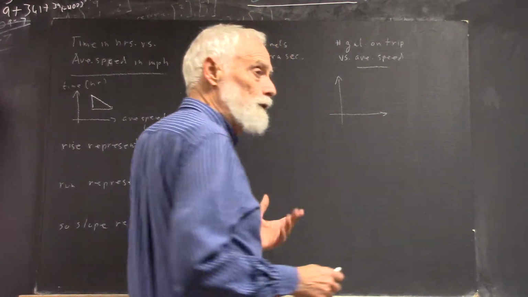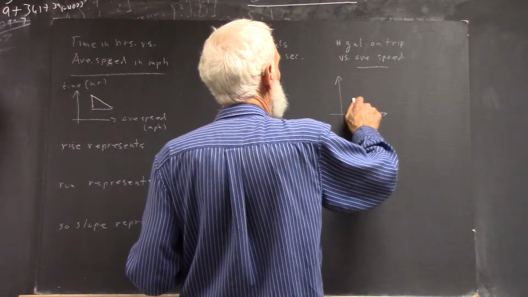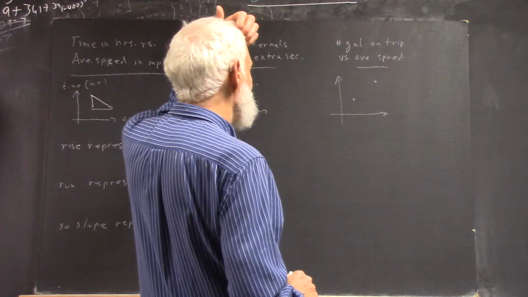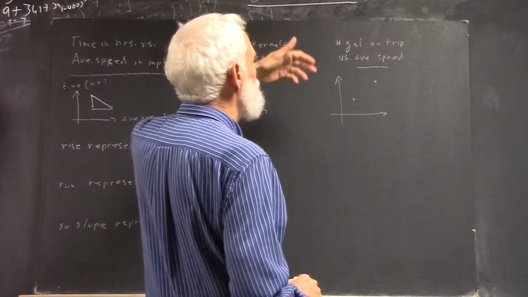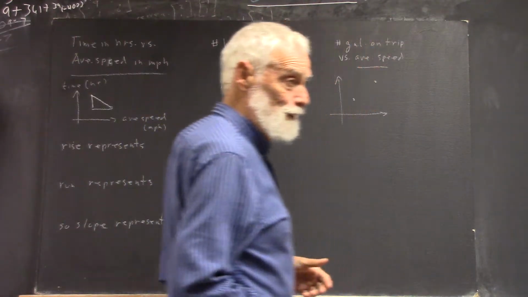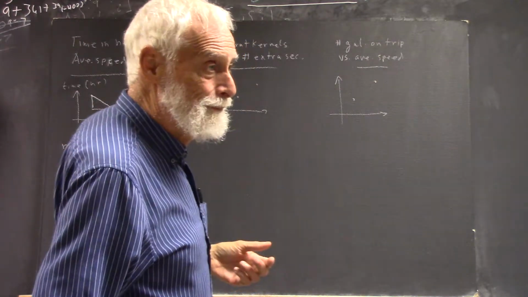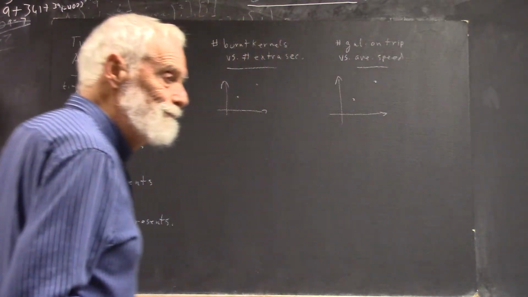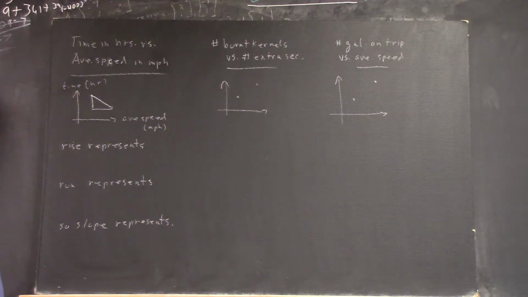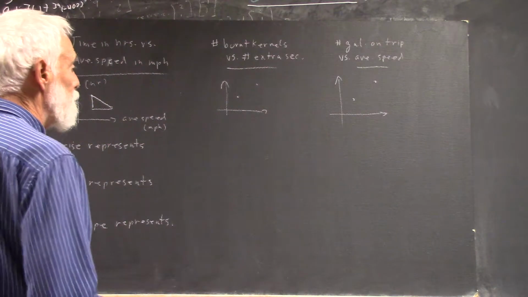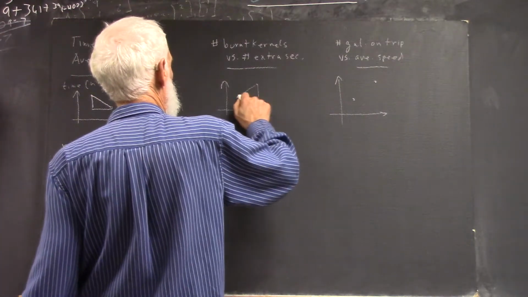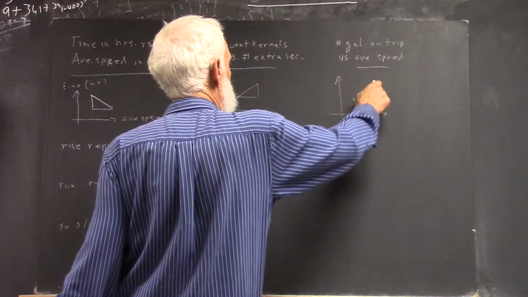Now, since most of us drive like maniacs, more speed is going to give us less mileage. More speed is going to give us more gallons on a trip. Okay? We require more gallons. Yeah, there's more air resistance, the main factor. So the graph would probably look like this. We draw this.